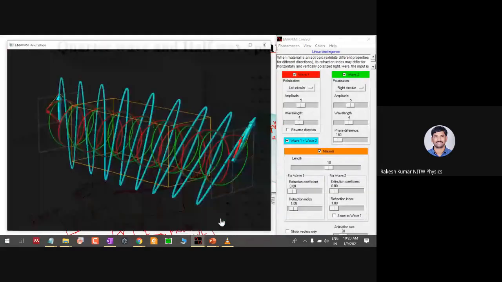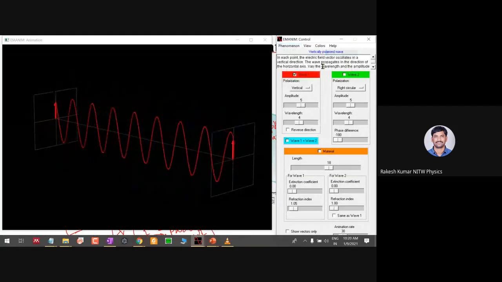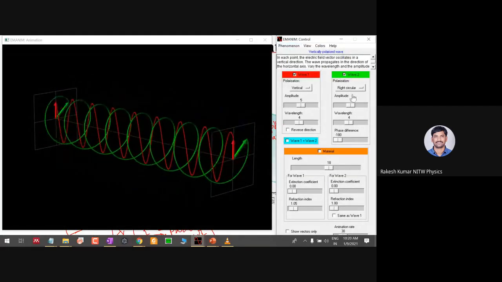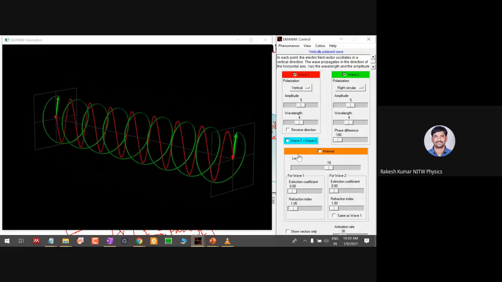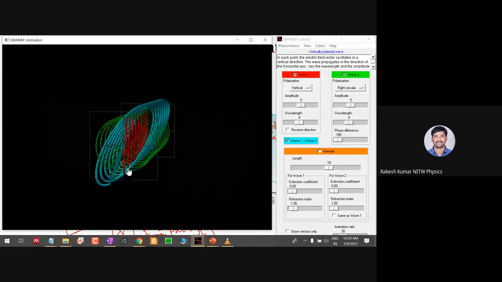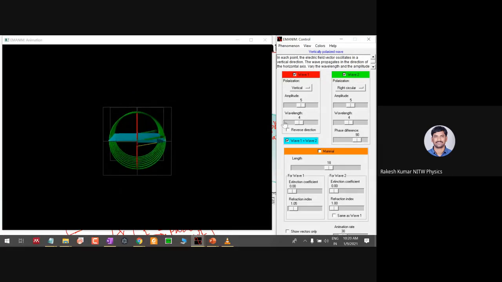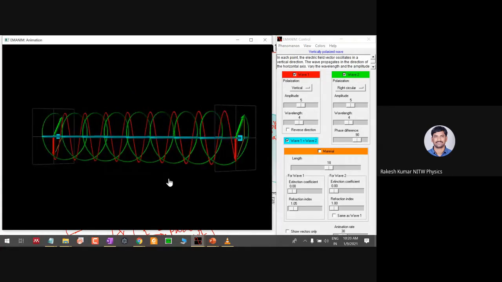So when you look at it, let's take it again. Is it fine now? Now we have two plane waves.